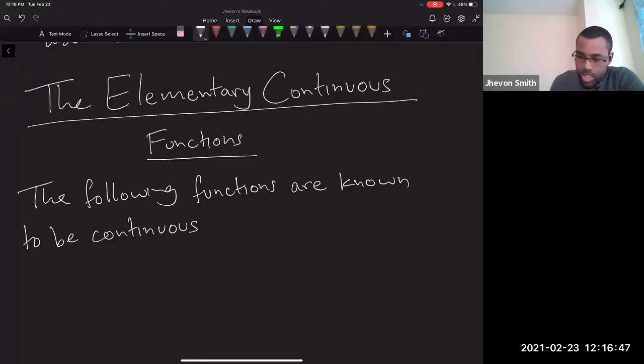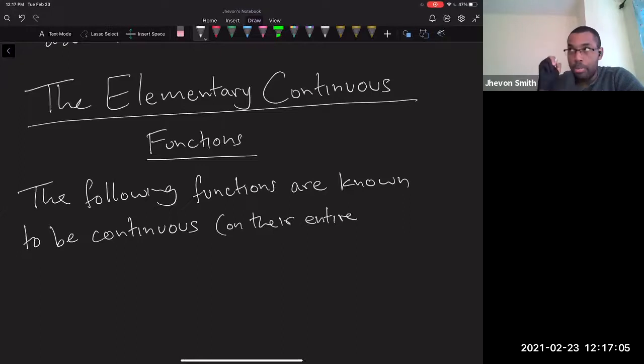The following functions are known to be continuous, not at a point, but continuous on their entire domain. Meaning, if there's a point that I can plug into this function, then I'm continuous at that point. I can draw the function going through that point without lifting my pencil up.